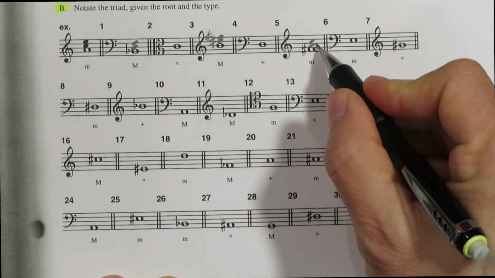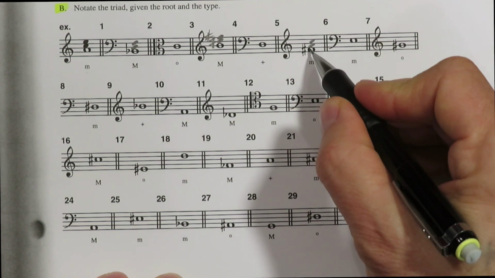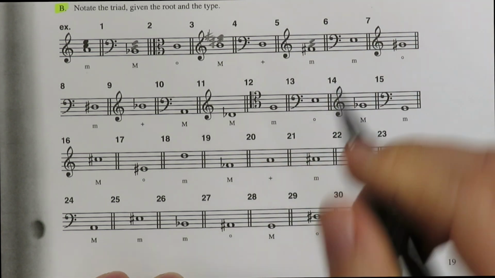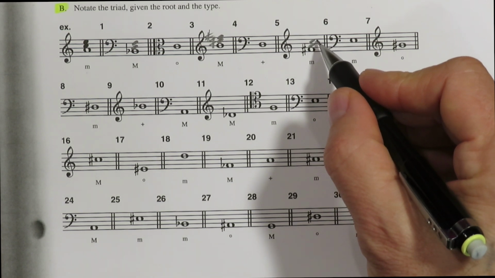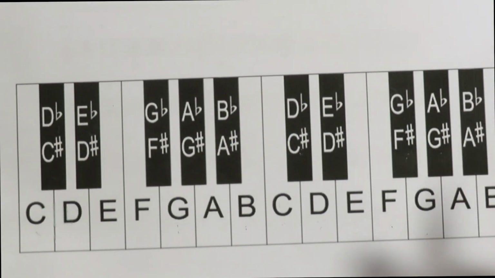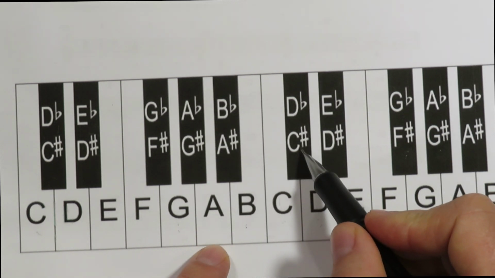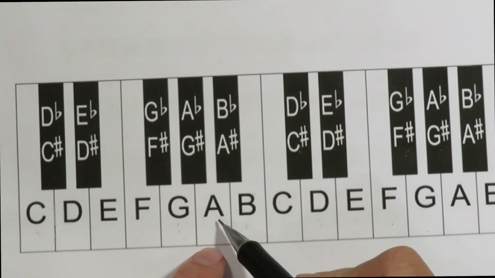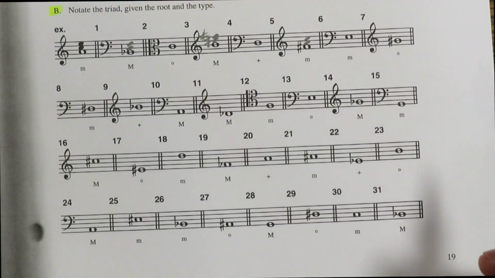So F sharp to A would be a minor third because it got smaller when we sharped it. Okay. And then A to C is a minor third, right? 1, 2, 3 half steps. So we want to go to C sharp. So we have F sharp, A, C sharp.